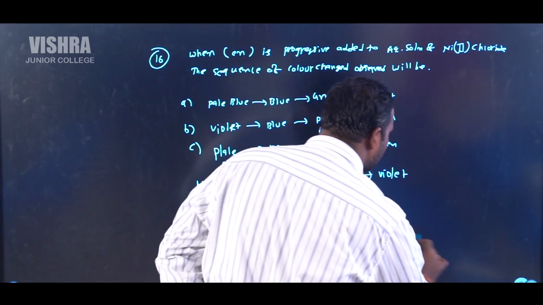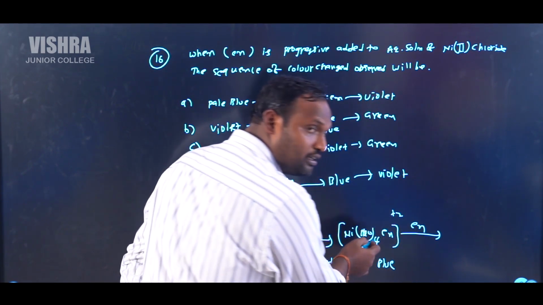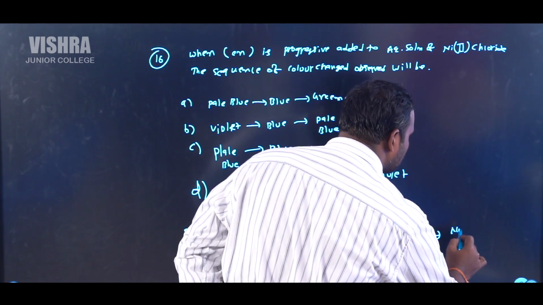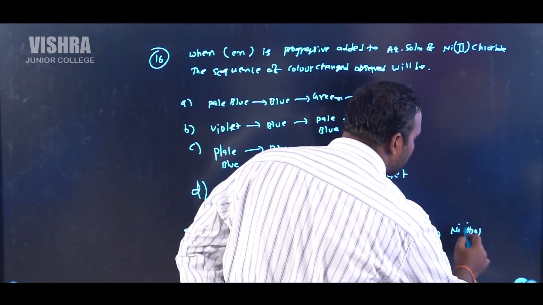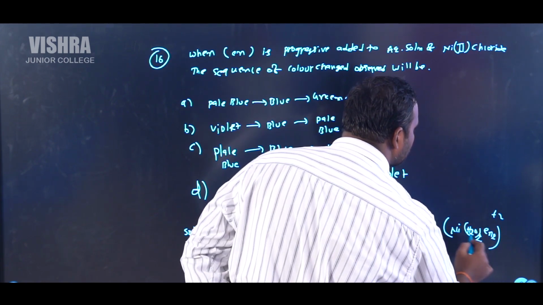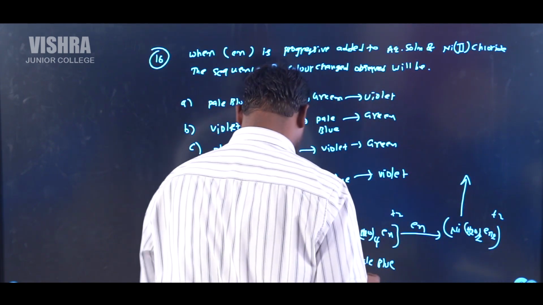If you take another ethylene diamine, again 2 water molecules are replaced by en. So that gives Ni(H2O)2(en)2 2+. The color of this compound is blue.